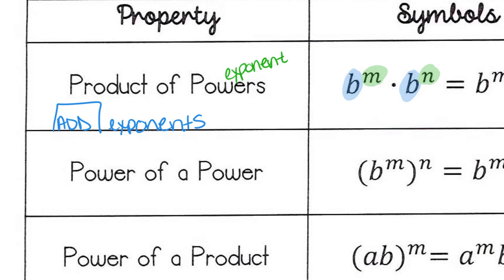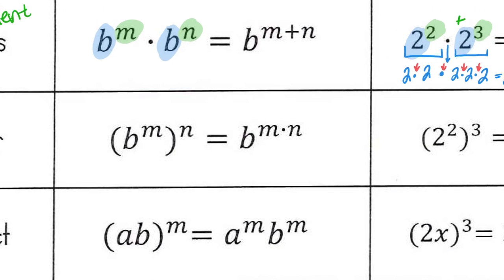So a power of a power means that I have exponents that are being raised to another exponent. So for example, here we have your base that showed up m amount of times, and we're going to write that down n amount of times.